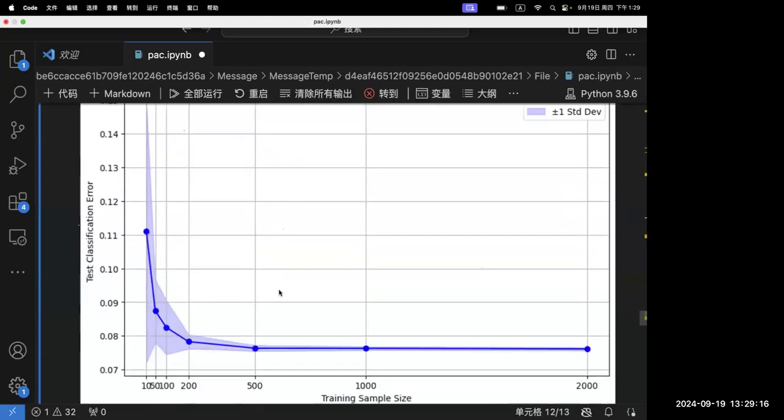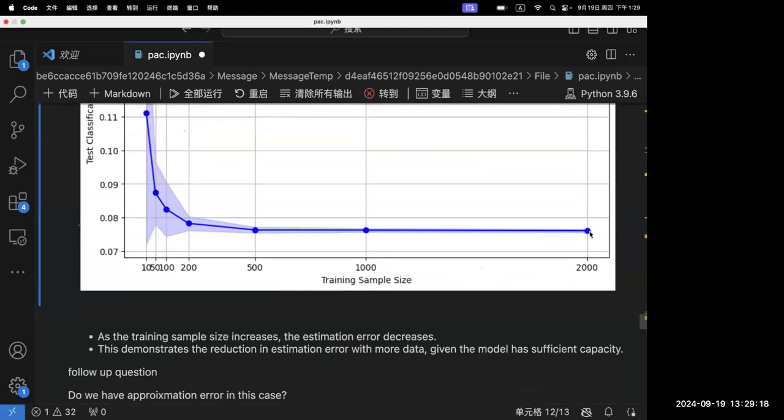So this is a linear example, right? For this example, the error we saw here, which corresponds to this irreducible error, is not the approximation error, but the error of the target concept.